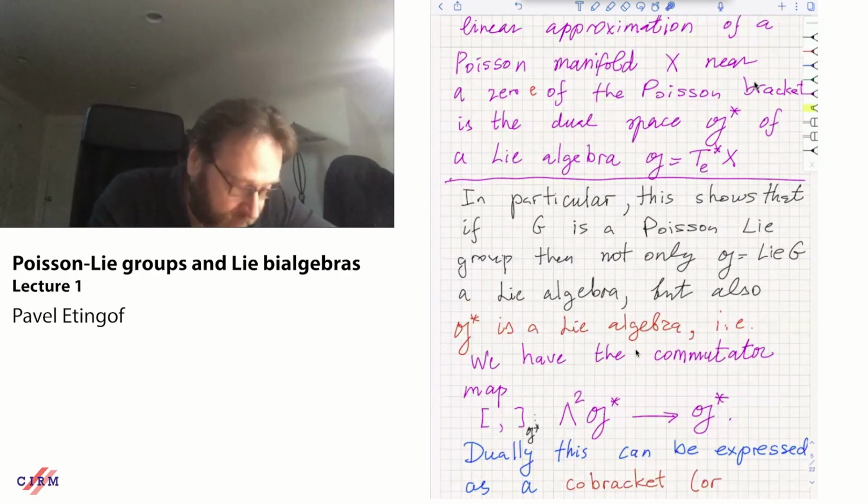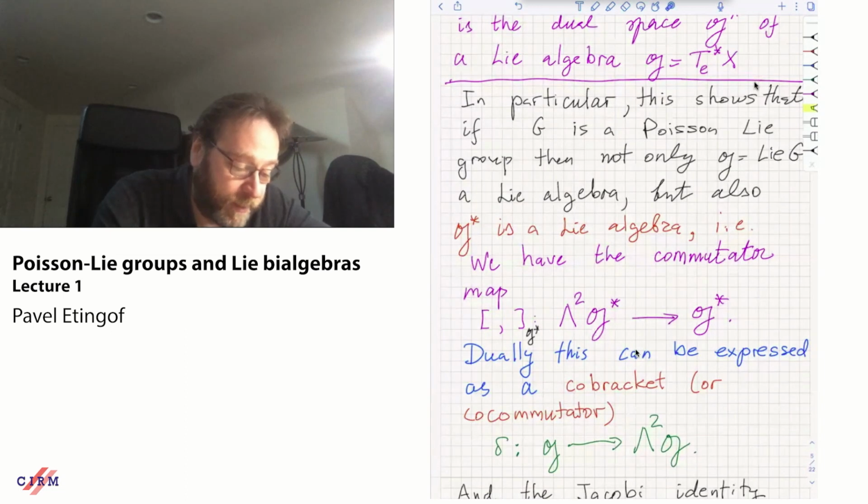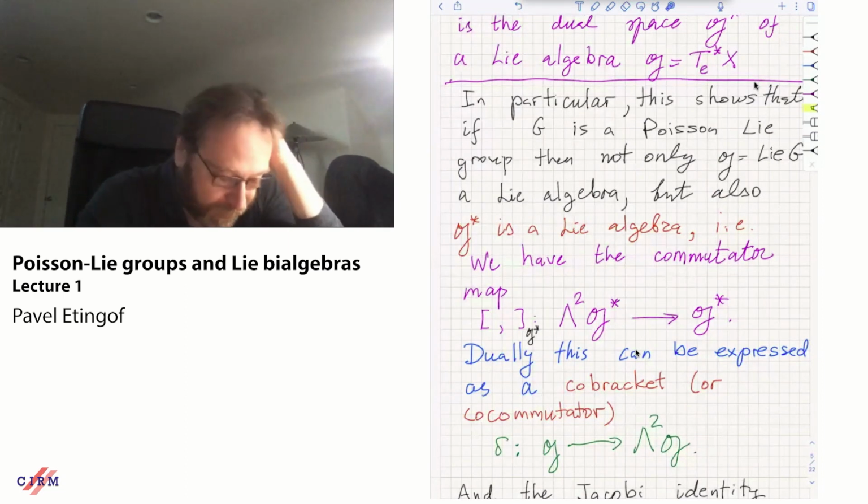And this means that we have a commutator map from wedge 2 of G star to G star. And we can dualize this map and realize it as a linear map from G to wedge 2 of G, which is called the cobracket or co-commutator, because it's like a bracket, but it goes the other way.